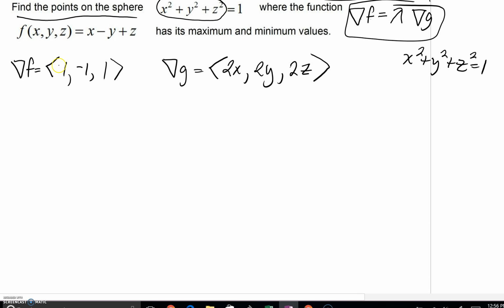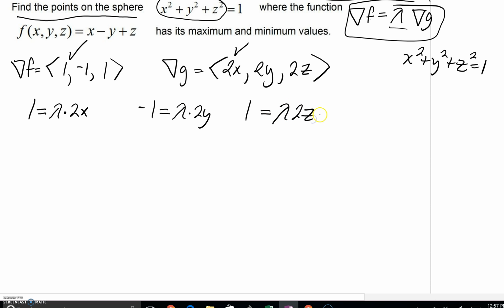So if we were to look at the x components of your vector, we'd have 1 is equal to lambda times 2x. Similarly, we'd have -1 would be lambda times 2y. And then finally, we'd have 1 is equal to lambda times 2z. Then, as I said earlier, don't forget the constraint x squared plus y squared plus z squared equals 1.